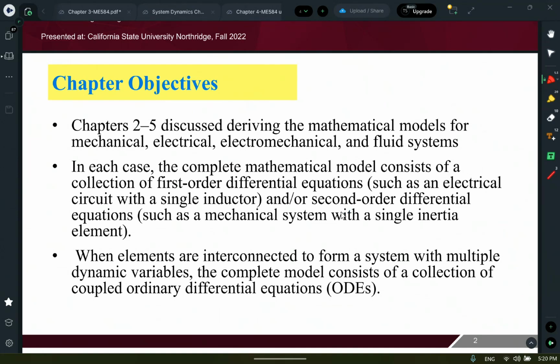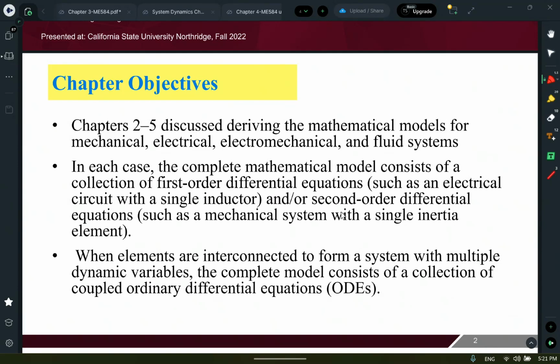We call it state space. How can we transform the dynamics of the system into state space, which is an elegant format of showing the differential equations? And what's that? The state space, one more time, is basically a set of first order differential equations.